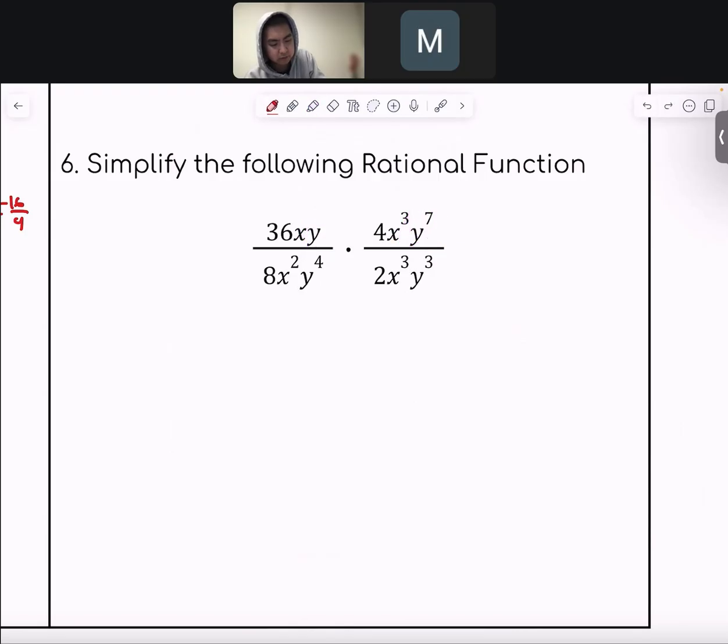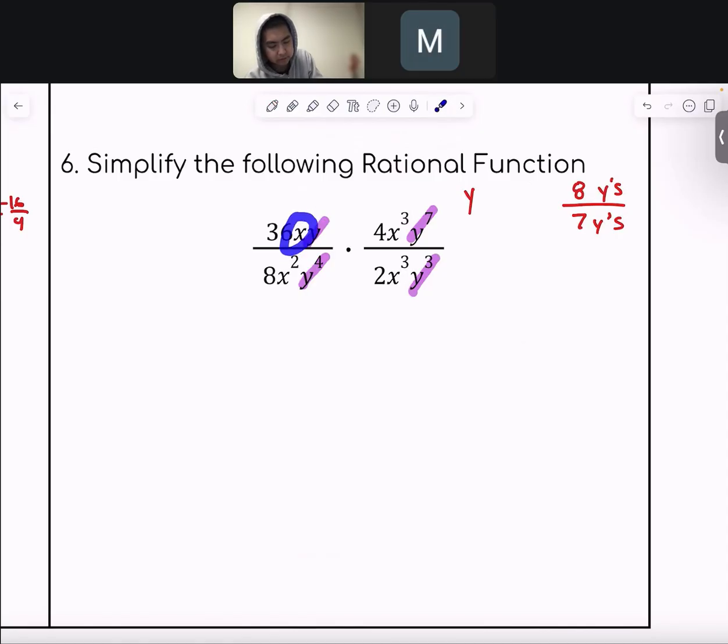So there are 8 y's over 7 y's. If we cancel this, then there's still going to be 1 y on the top.